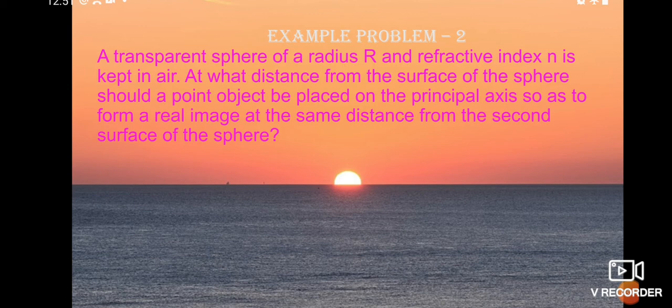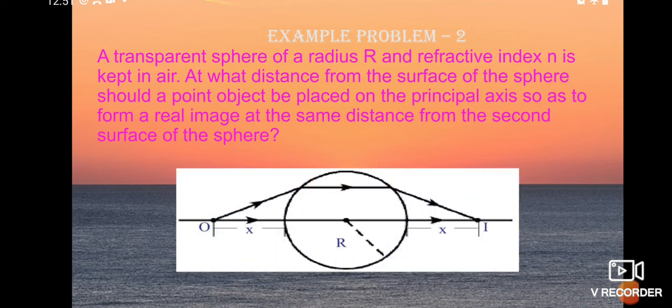So you can understand these terms by the diagram which is given in your textbooks. Here a transparent sphere is taken and its radius of curvature is taken as r. Okay, and the refractive index is n.